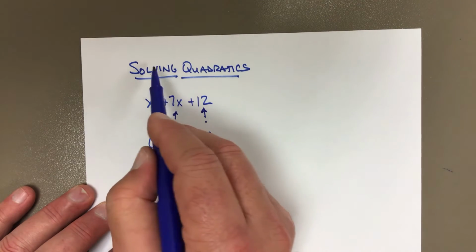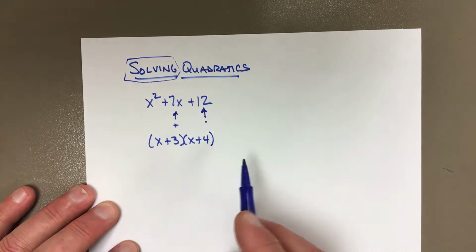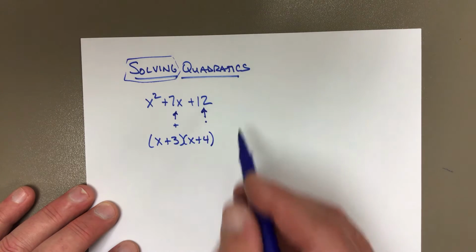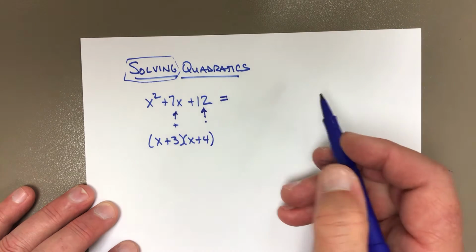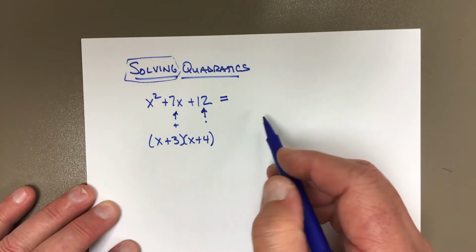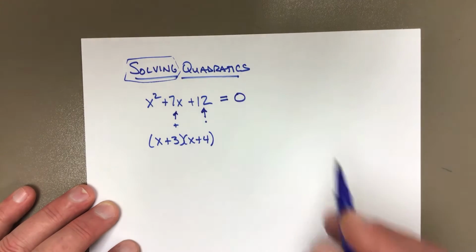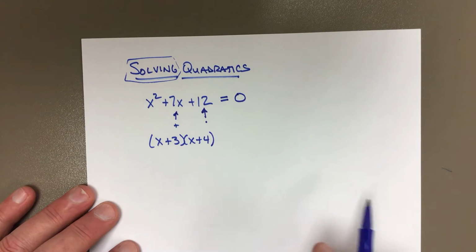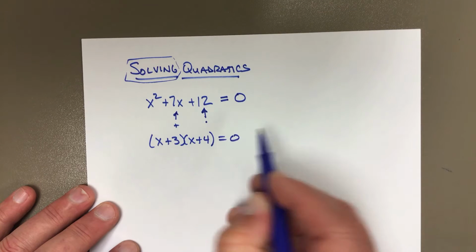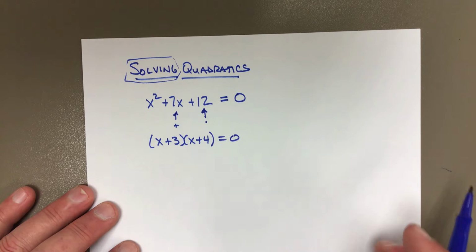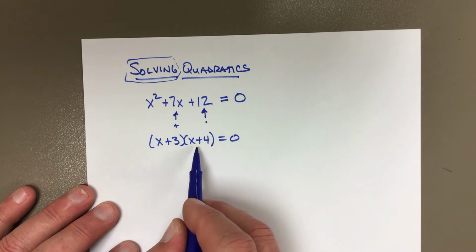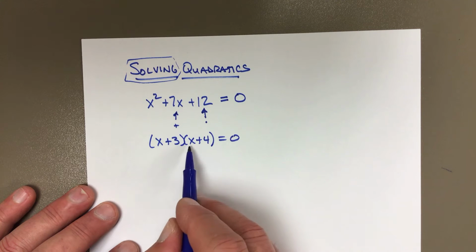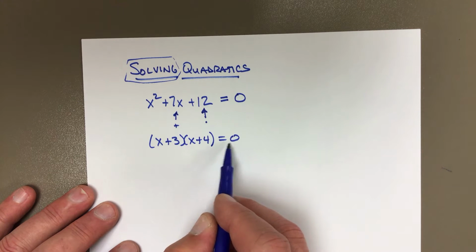But now with the word solving here, solving would indicate that we have to have an equal sign, and then it has to equal something. In this case, it's going to be equal to 0. So what we want to find out is what x will be to make this 0 when we multiply together.